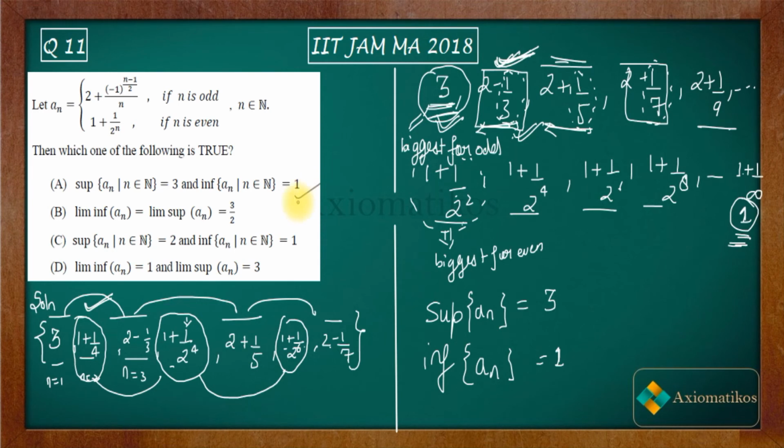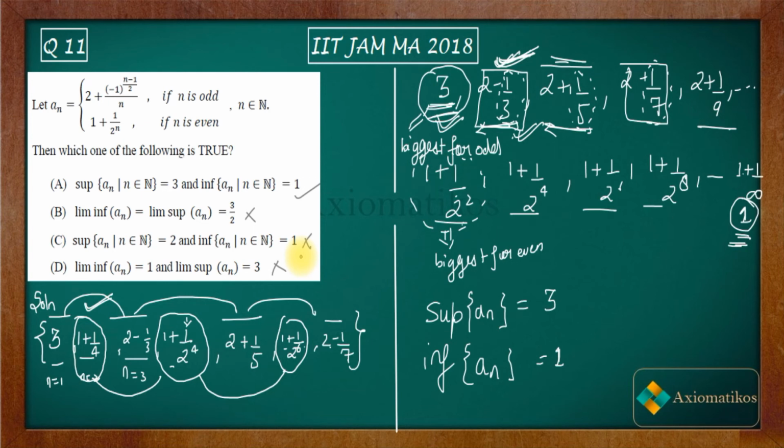This one says supremum of an is 2, so this is also incorrect. Now we also have to find out limit inferior and limit superior in your question, because although they are incorrect, for knowledge purposes we can also find out limit inferior and limit superior in this video.